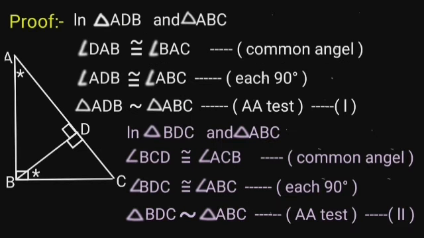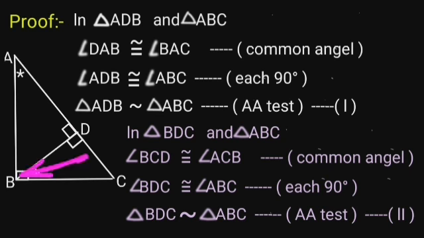Proof: in triangle ADB and triangle ABC, angle DAB is congruent to angle BAC. Reason: common angle. Angle ADB is congruent to angle ABC.